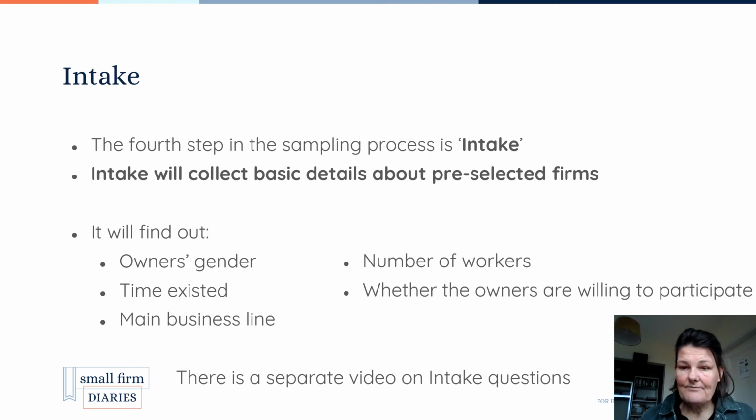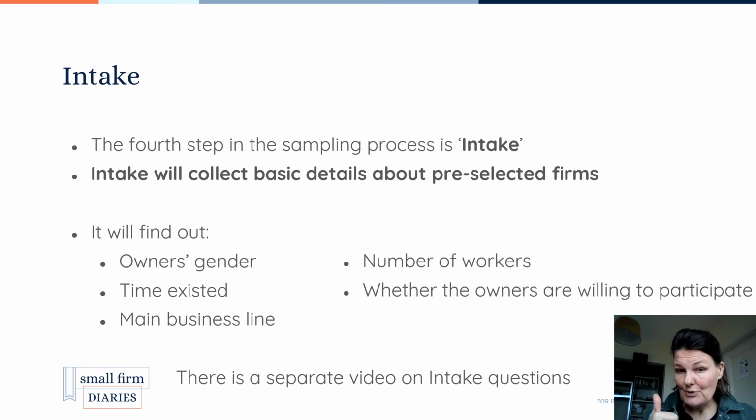This is a real survey. It's not very long. It will collect the basic details about small firms. So it will be a list of 50 firms per researcher. In the intake, we will identify on top of the firm's name and the name of the manager and that kind of things.